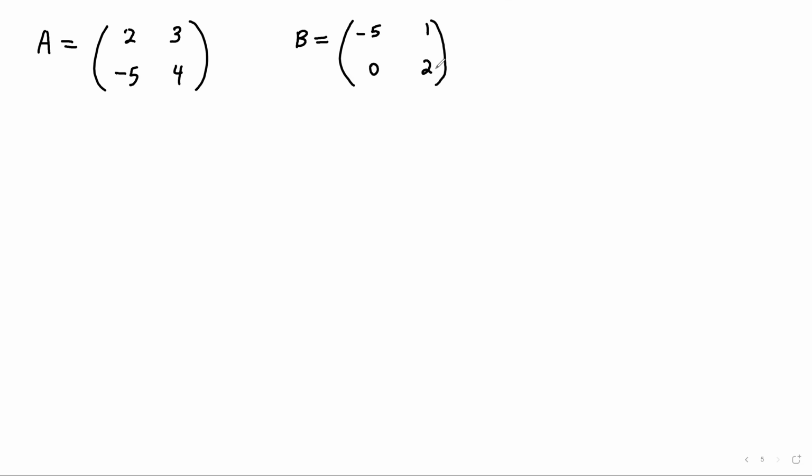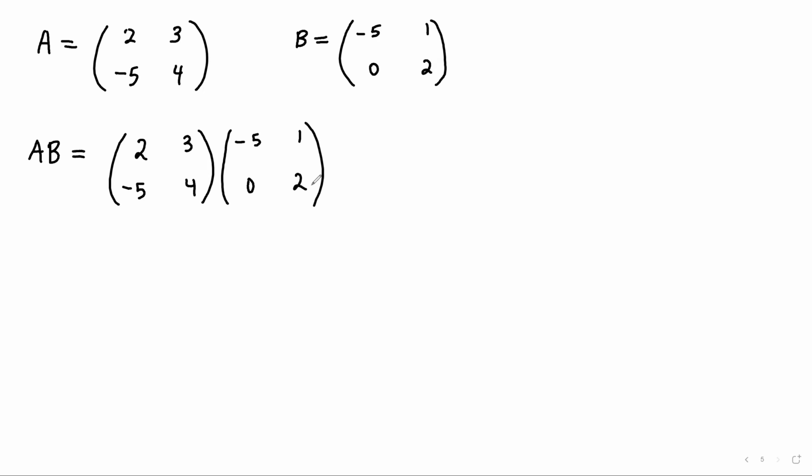And say I want to find AB. Well, AB would be equal to 2, 3, -5, 4 by -5, 1, 0, 2. So this would give me, and I'm going to write out all of it, right?